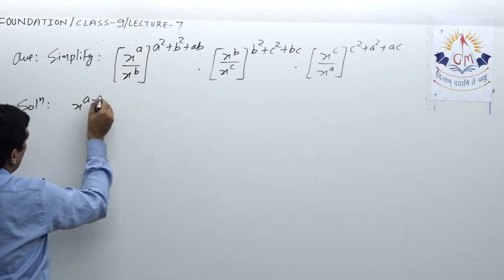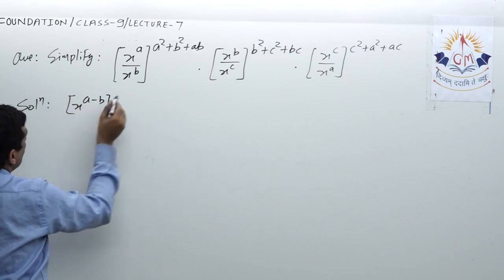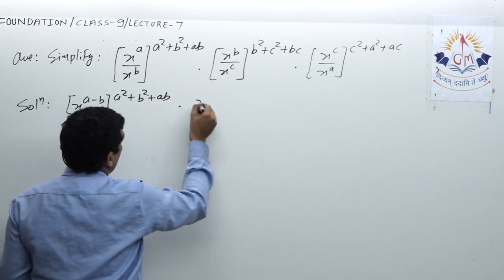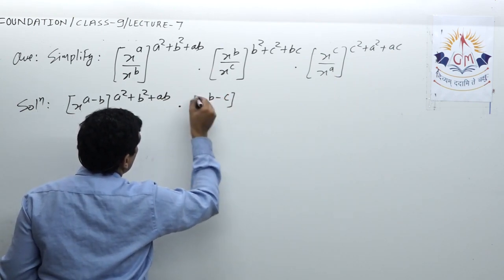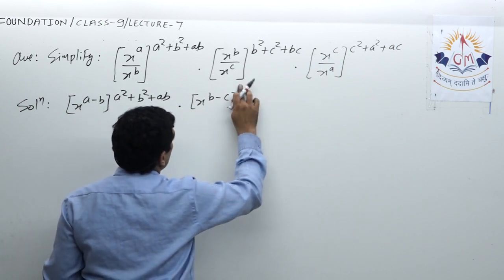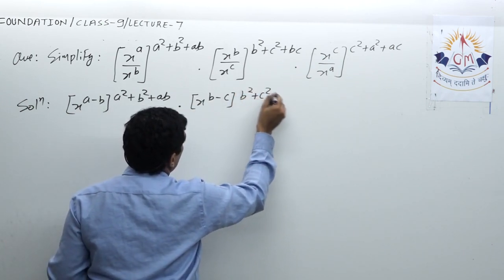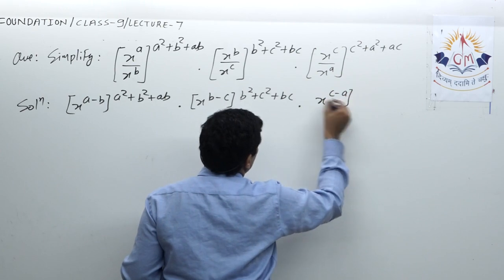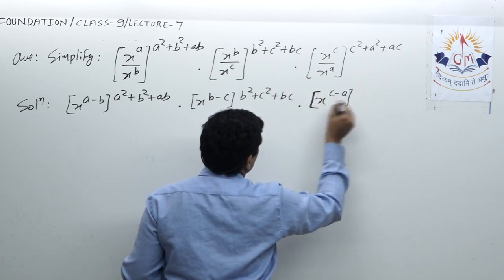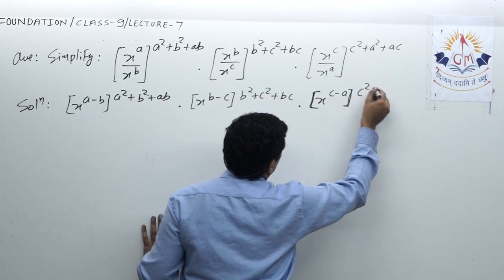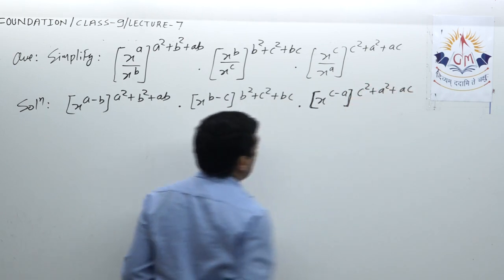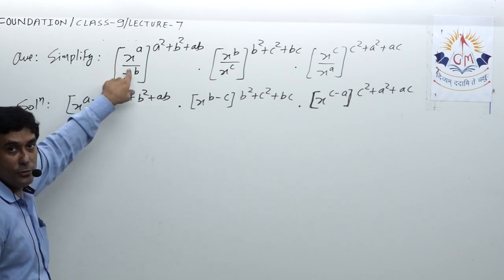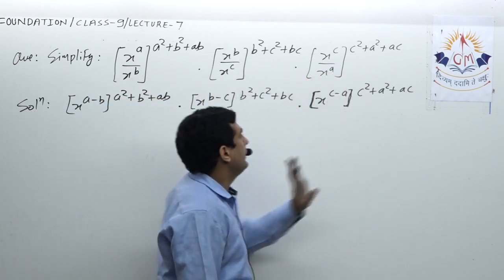So this will become x raised to (a minus b) raised to a square plus b square plus ab, into x raised to (b minus c) raised to b square plus c square plus bc, into x raised to (c minus a) raised to c square plus a square plus ac. Okay, this is the very first step. Here I applied the quotient law over here as well as over here.